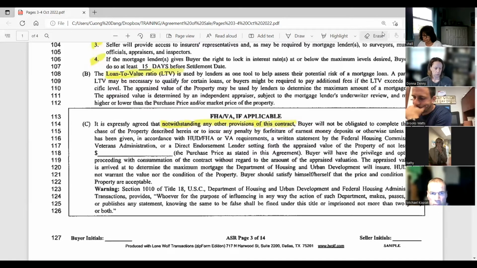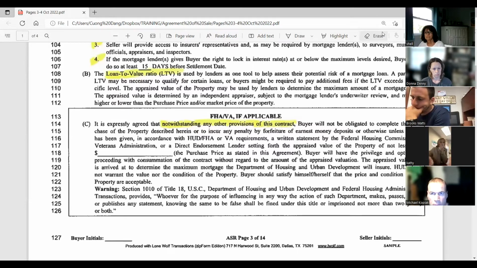Buyer will have the privilege and option of proceeding with consummation of the contract without regard to the amount of the appraised valuation. I'm going to stop there because the rest is pretty self-explanatory. What it's stating is that if there is an appraisal cut in an FHA or VA deal, no matter what is agreed upon in this contract, the buyer does not have to buy that property.